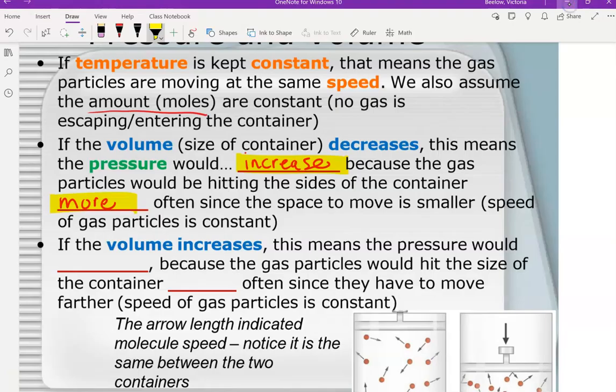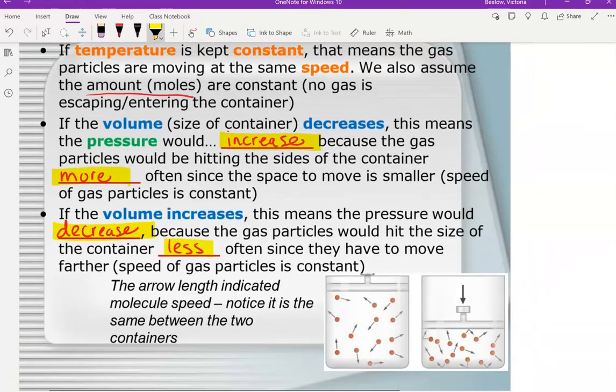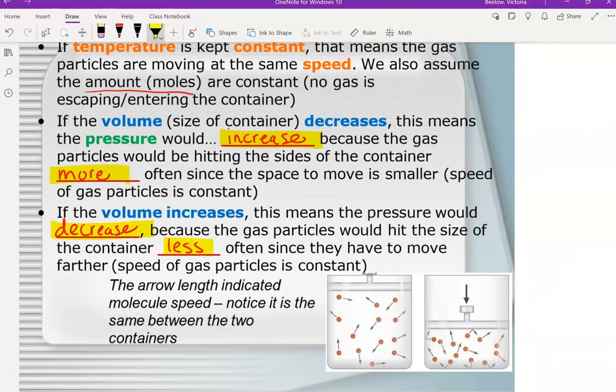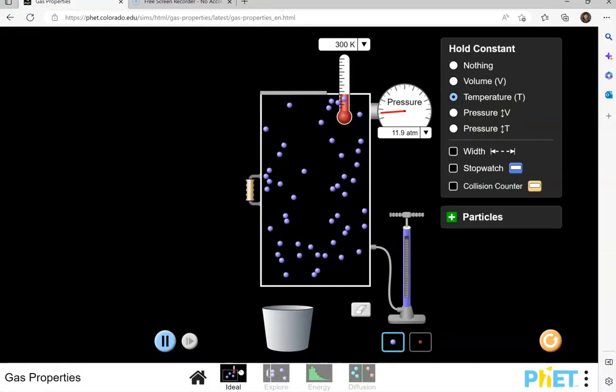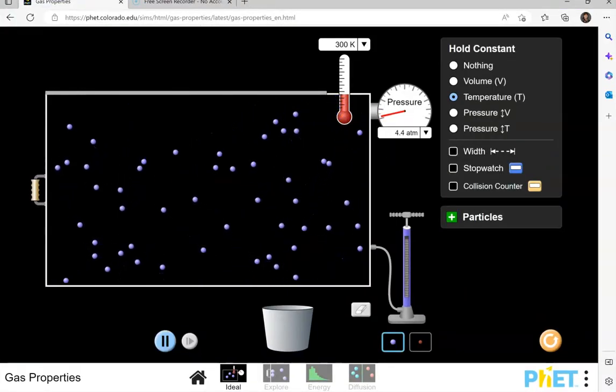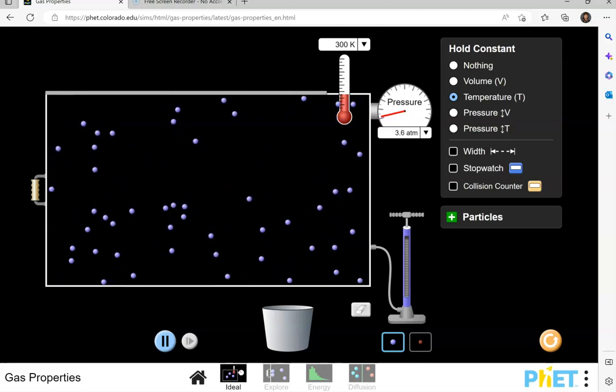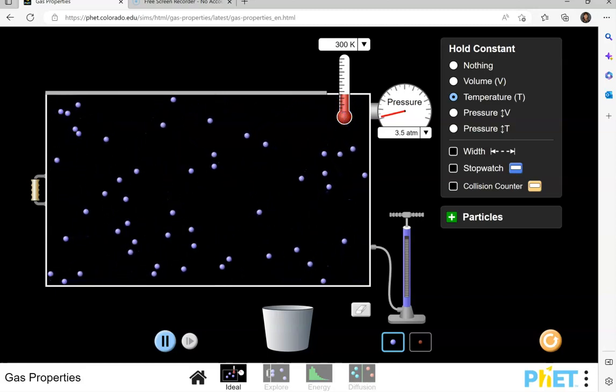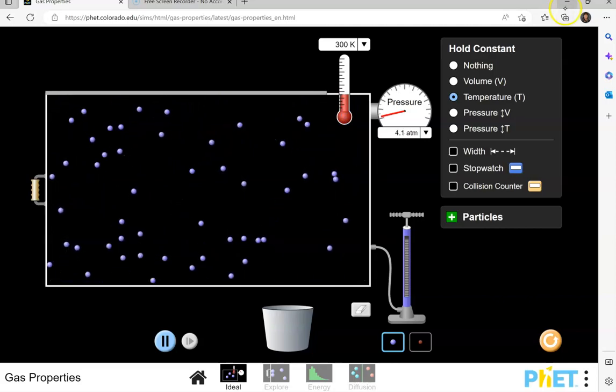Versus if we increase the volume, this means the pressure would decrease, because the gas particles would hit the sides of the container less often since they have more space to move around. So again, if I increase the volume, the pressure goes down because the molecules have more space to move around.